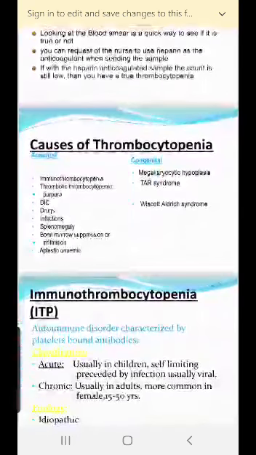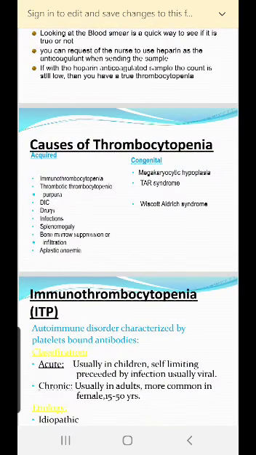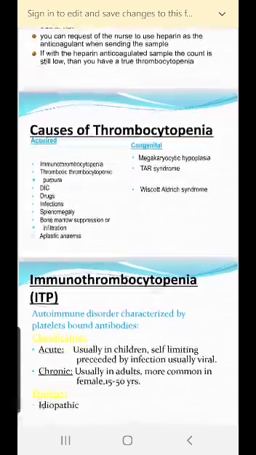Now let's see what the causes of thrombocytopenia are. Causes are acquired and congenital. The acquired causes are actually more common. The first one is immune thrombocytopenia, which we have discussed. TTP, thrombotic, when there's an increase in thrombosis. Now in coronavirus, as we are seeing in this world, there is a lot of thrombosis. DIC is happening and the platelets are getting consumed in thrombosis.